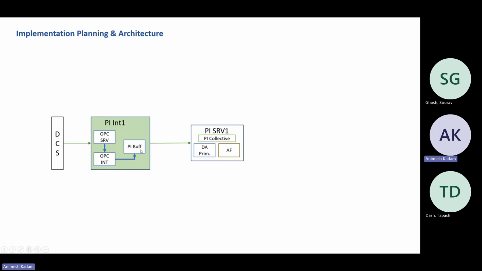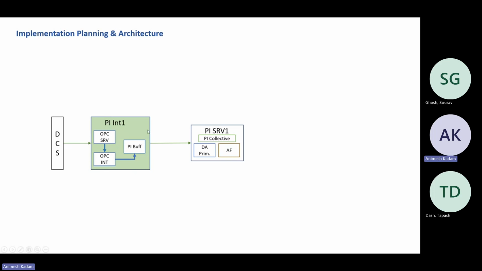what Pi buffer does is collect the data from the OPC and store it in a buffer file. We call it a buffer queue. Okay, so whatever information is coming, if it is 5 seconds or 10 seconds or whatever it is, the information will be collected from the OPC, because OPC doesn't hold the information, right?